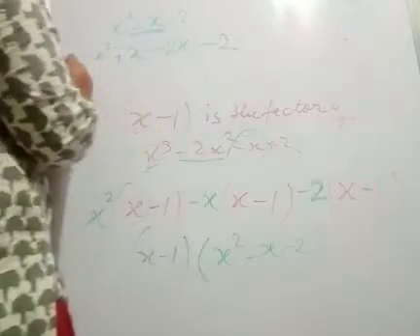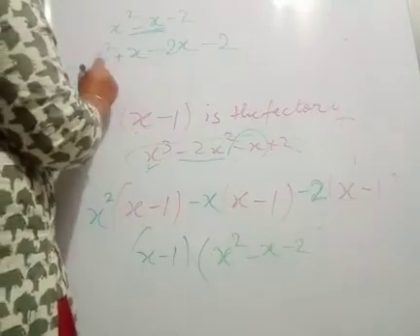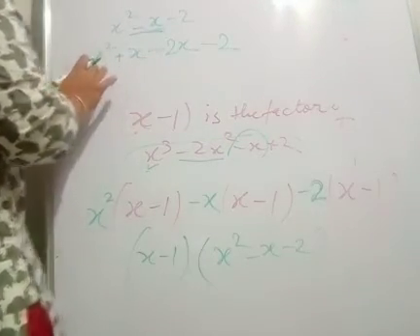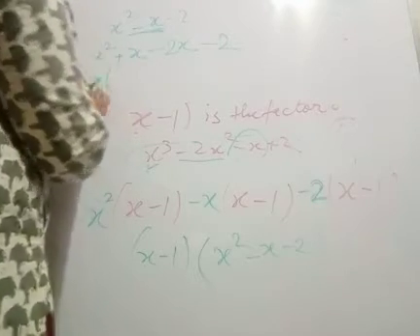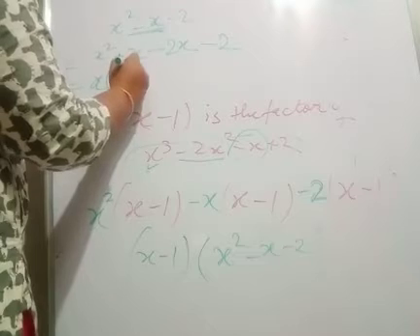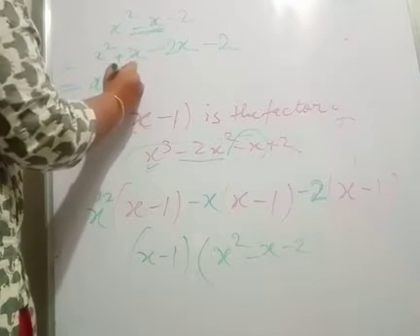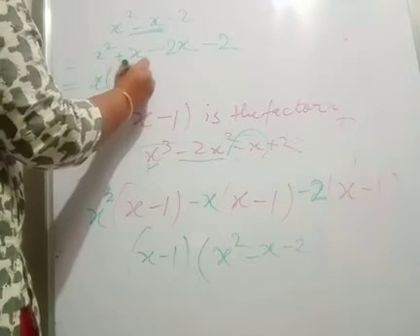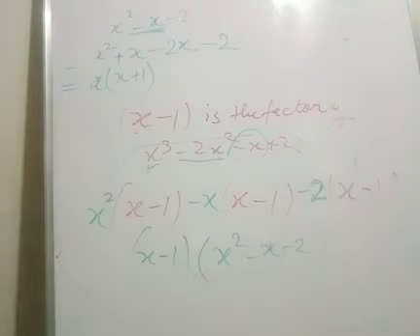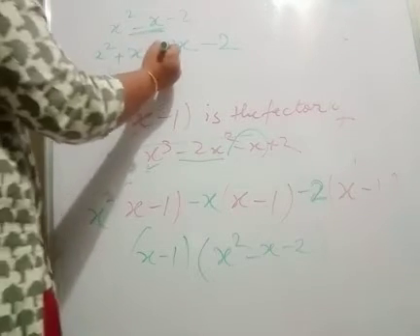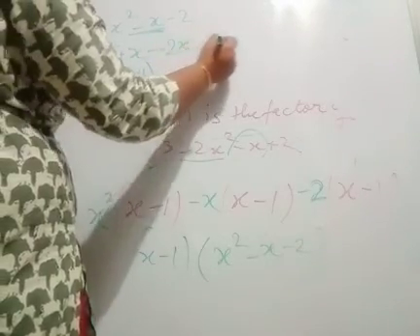Okay students, so like this you have to do. Take common from x square plus x. I have taken x as common from x square plus x. Then what will remain in the first bracket? X plus 1 will remain in the first bracket. Next, what shall I take common from minus 2x and minus 2?